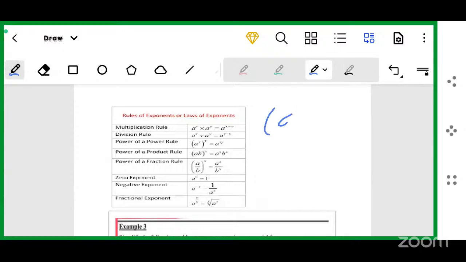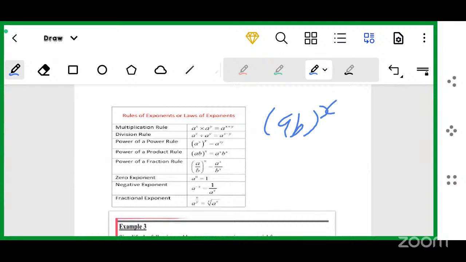So let me just confirm if you understand all of them, then we'll dive into the homework. So do you remember this one? Yes, ma'am. Okay, so what is going to be the final or last one if we are dealing with this rule?